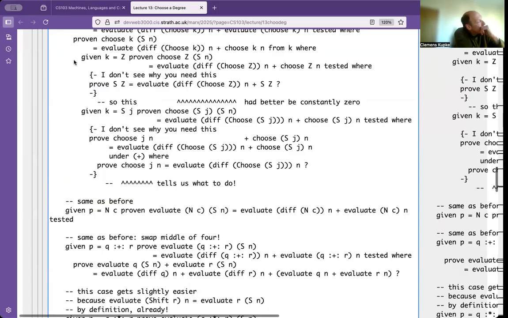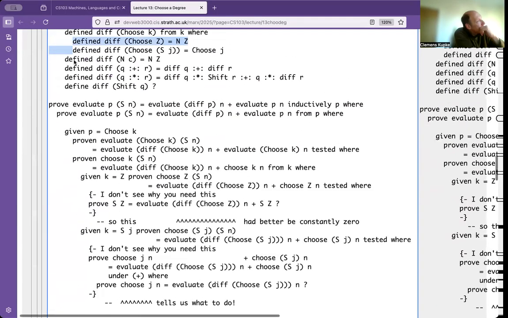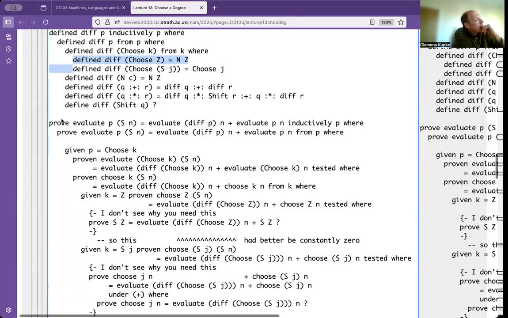Anyway, what else happened? We left the constant case as before. You'll notice that the only change in multiplication is that we exploit the fact that we now have shift built into the language of formulae. We're doing the shift in the same place. We're just not doing it by substitution. We're coding it up directly.